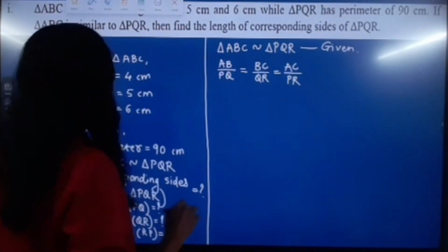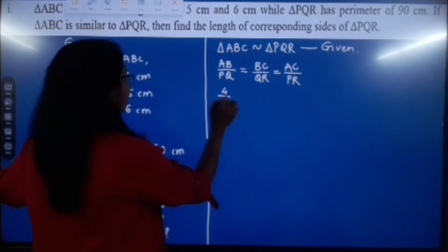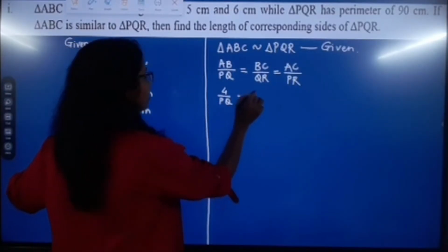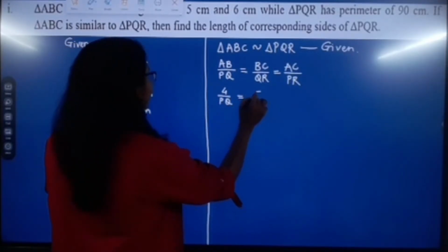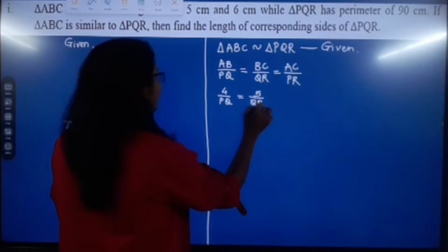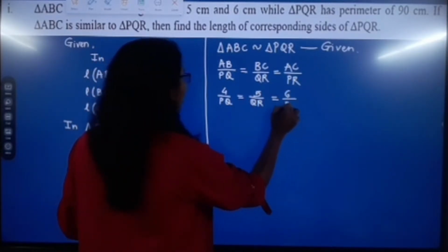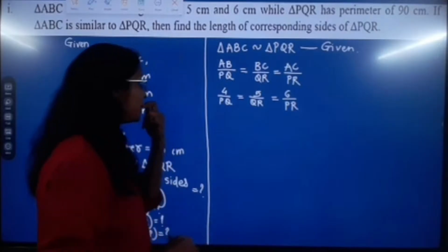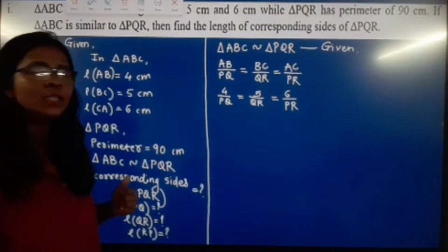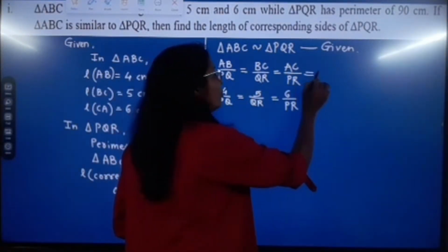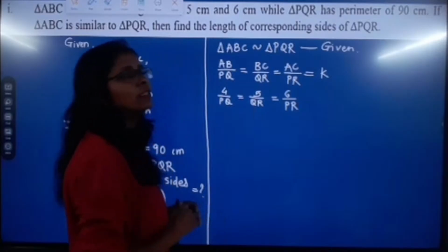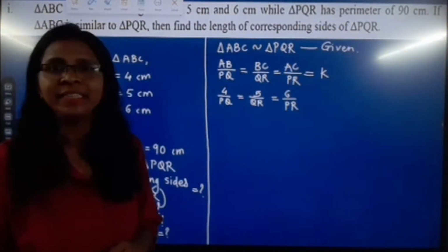So here first we substitute 4 upon PQ is equal to BC, that is 5 upon QR is equal to AC, that is 6 upon PR, and we consider that ratio, that you know that in the 9th standard we see the ratio proportionality.